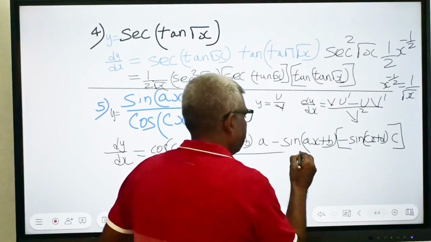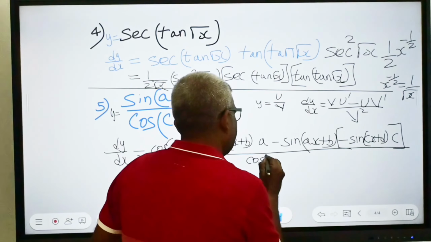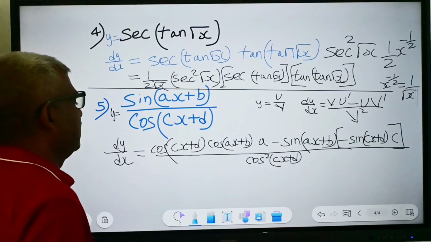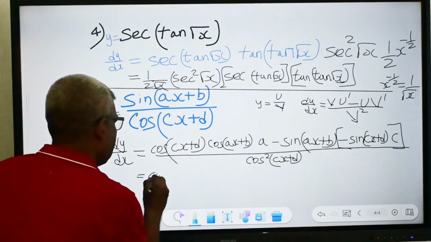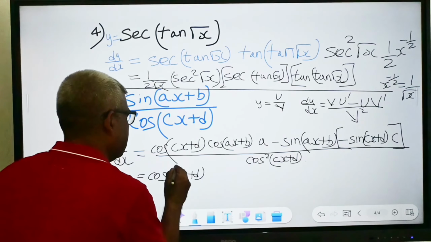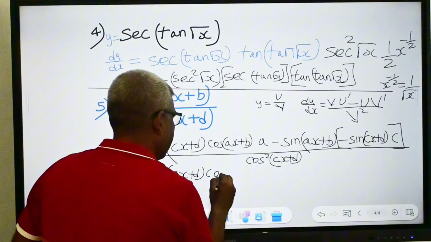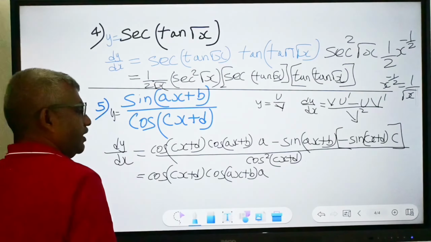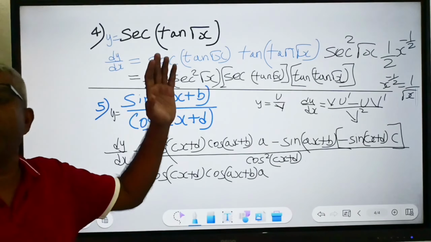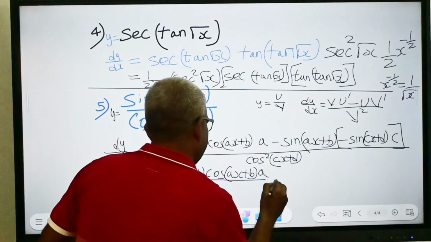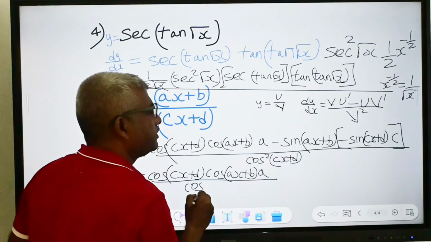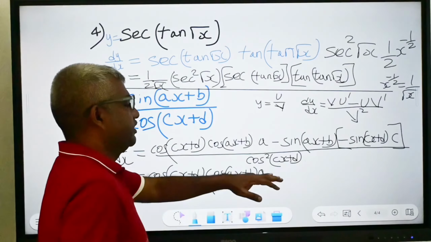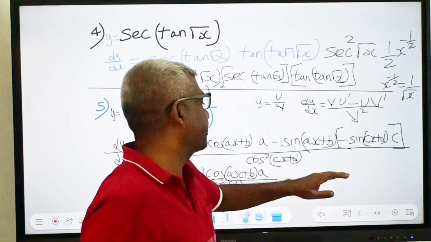Divided by cos squared(cx plus d). Okay, so how to do it? Cos(cx plus d), cos(ax plus b) times a. I am splitting the numerator into two contents, divided by cos squared(cx plus d) for both the contents.